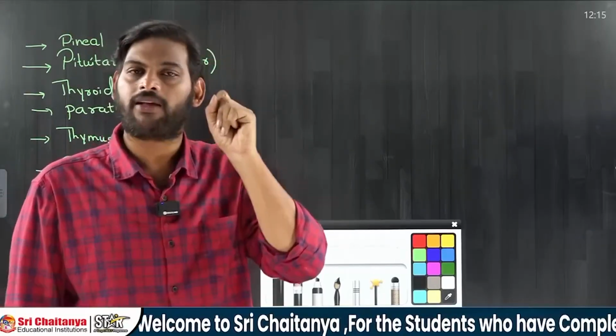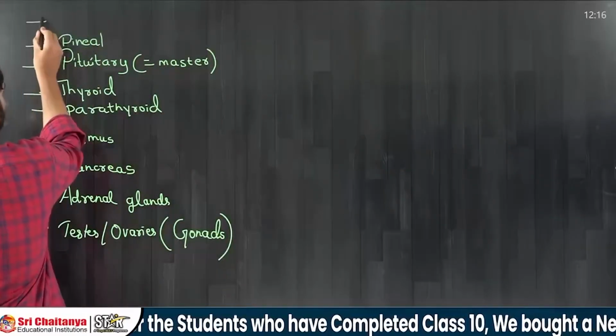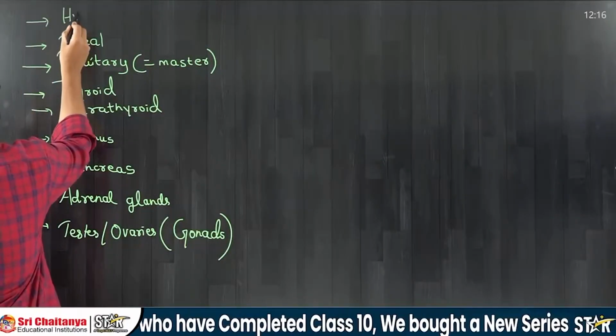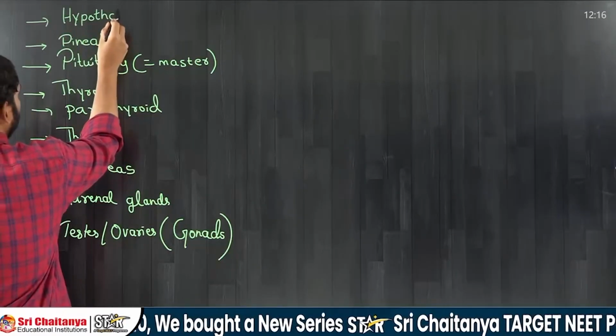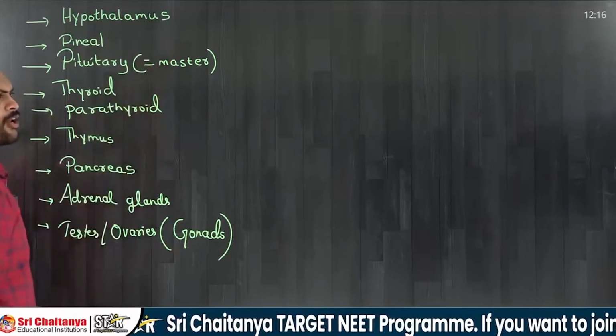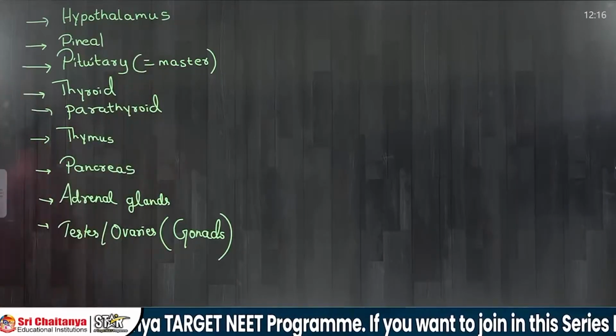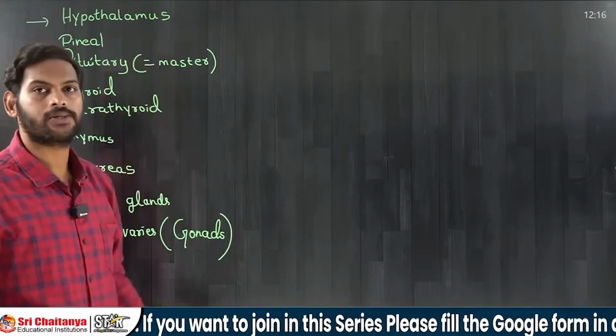So the part of the brain which controls all glands, hypothalamus. Grandmaster, grandfather, absolute leader of all glands. Even pituitary has to listen to hypothalamus.